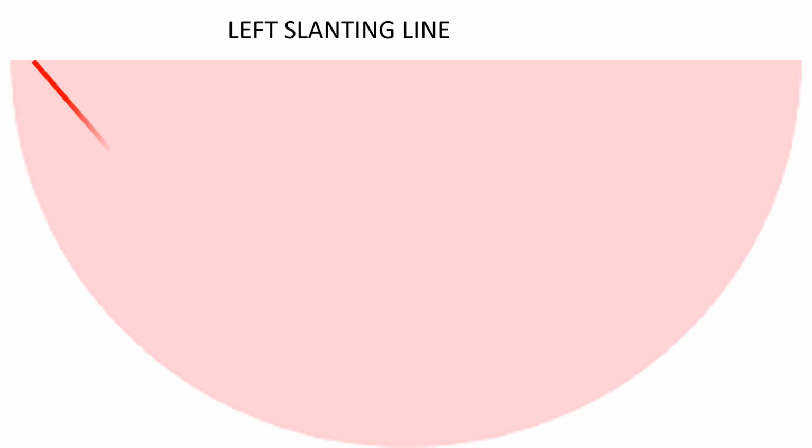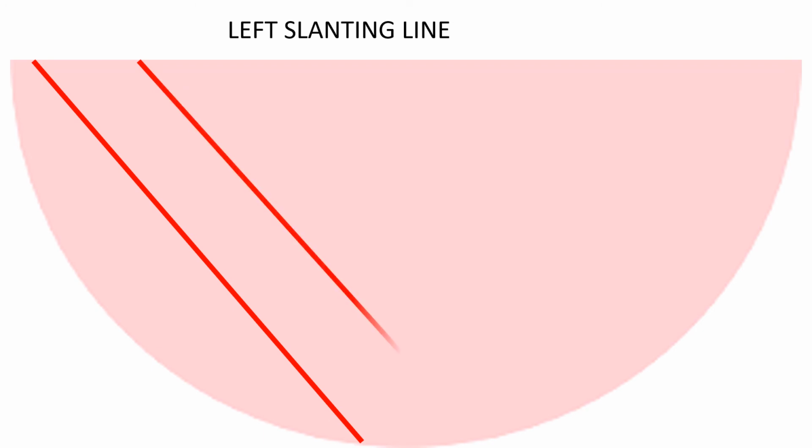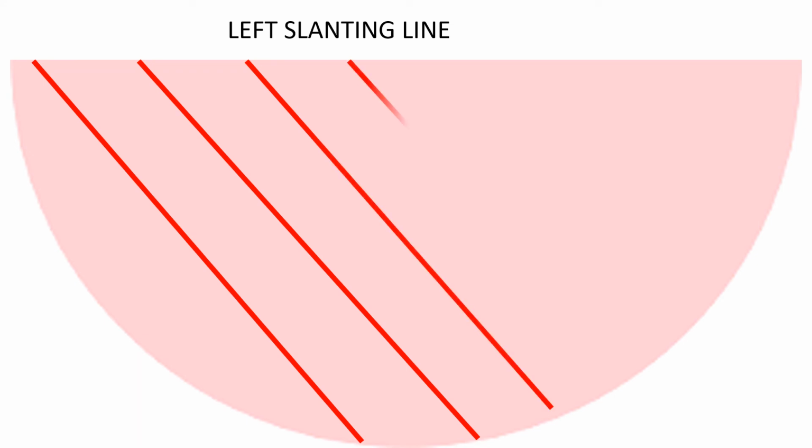Now we'll learn the left slanting line. Oh, this is left slanting line because it is coming from the left side. So this is called the left slanting line.